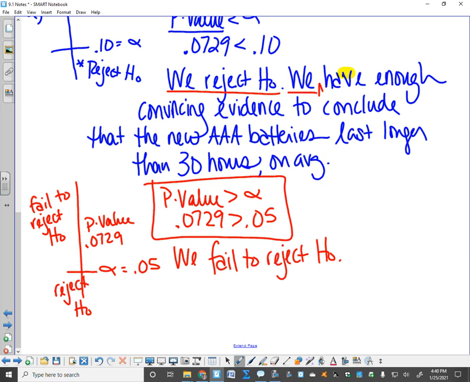We do not have enough convincing evidence to conclude that the new AAA batteries last longer than 30 hours. Exact same sentence, you're just going to put a do not in front of it.